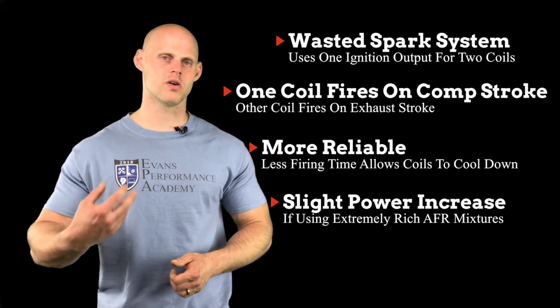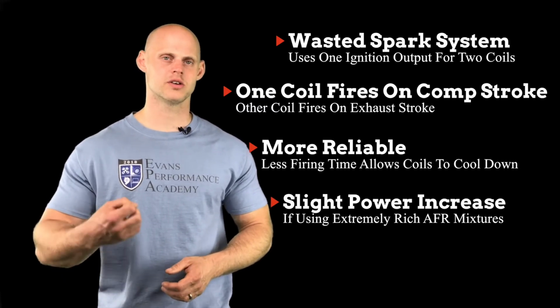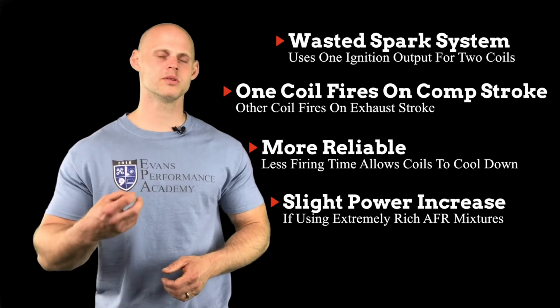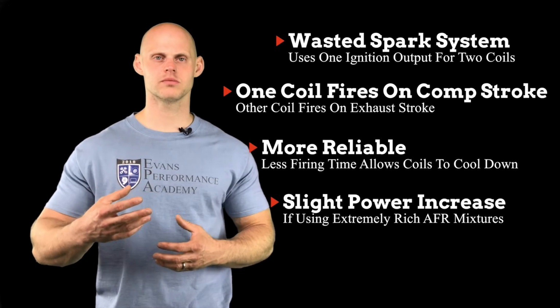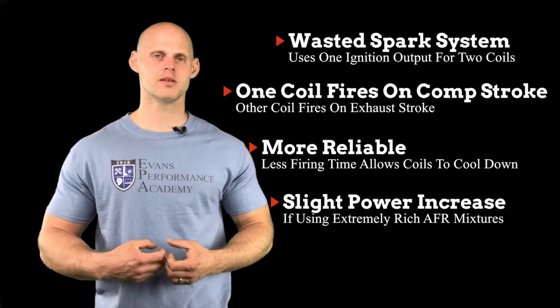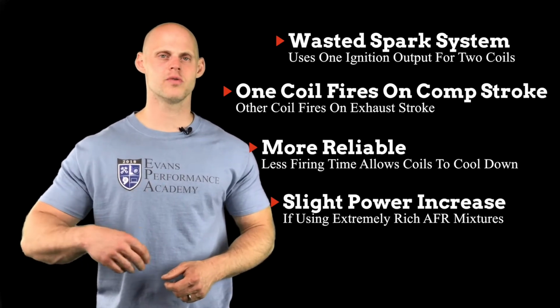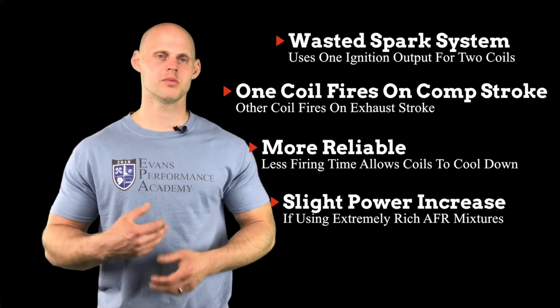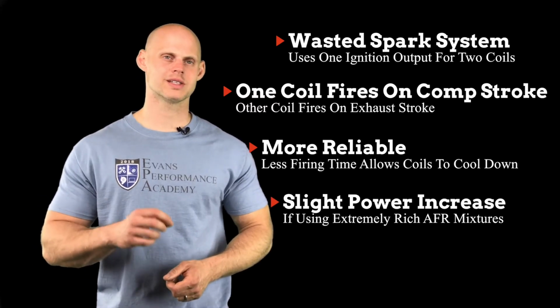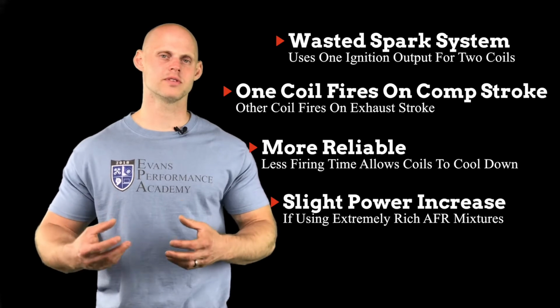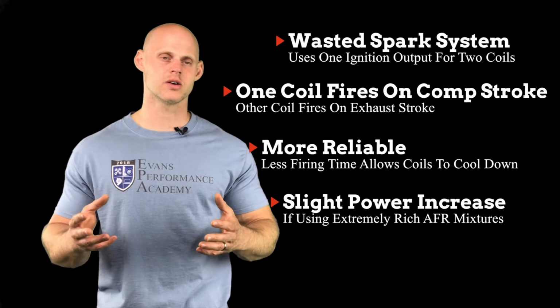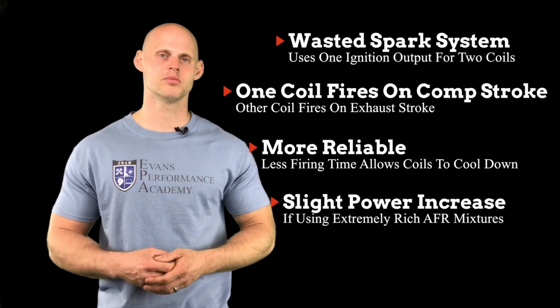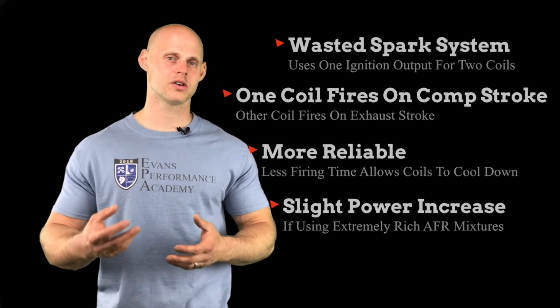If we fire off the spark plug in our exhaust stroke, we might be able to burn some of that residual rich mixture off, and it might clear out the cylinder just a bit before our intake stroke. So it might give us a bit of power because we're giving that slight edge of burning off whatever's left. If we're running a very rich air fuel mixture, in most cases this is not really going to play a factor, but it is something that can occur and something that should be noted.